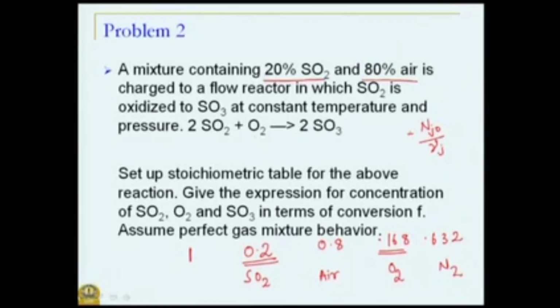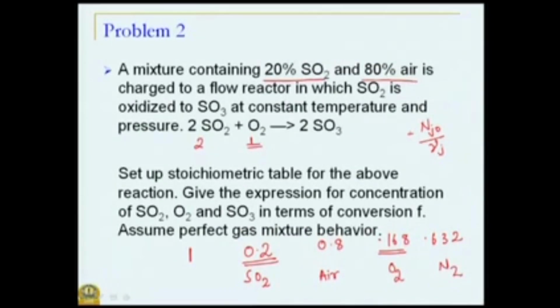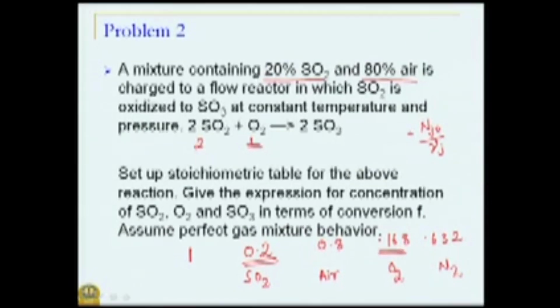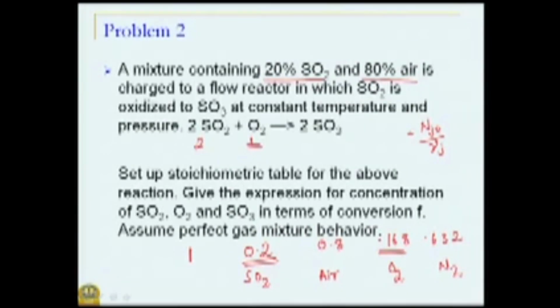For every mole of oxygen, we need 2 moles of SO2. So, if we had 0.168 moles of oxygen, we need double that quantity of SO2 for complete conversion of oxygen.